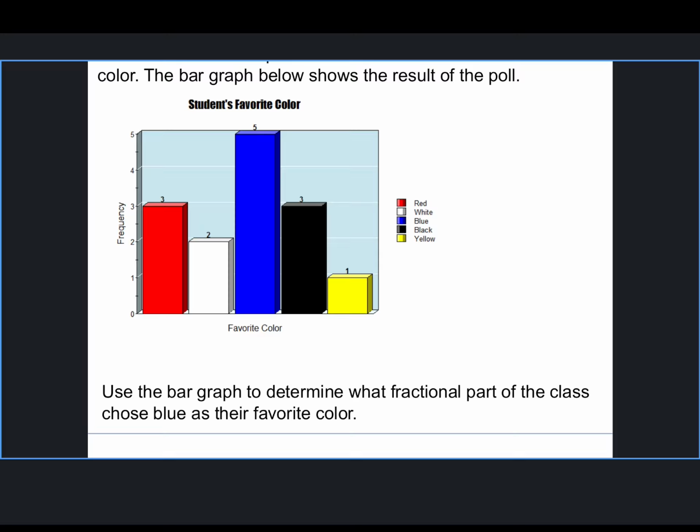No, how many total do we have? So it's part over total. And what's our total? How many students do we have? 3 plus 2 is 5, plus 5 is 10, plus 3 is 13, plus 1 is 14.